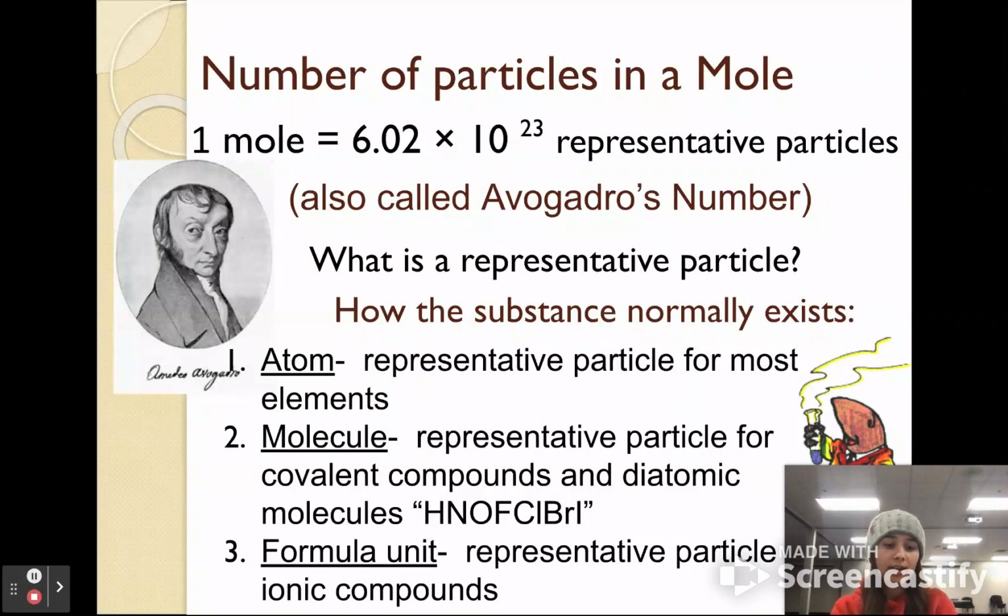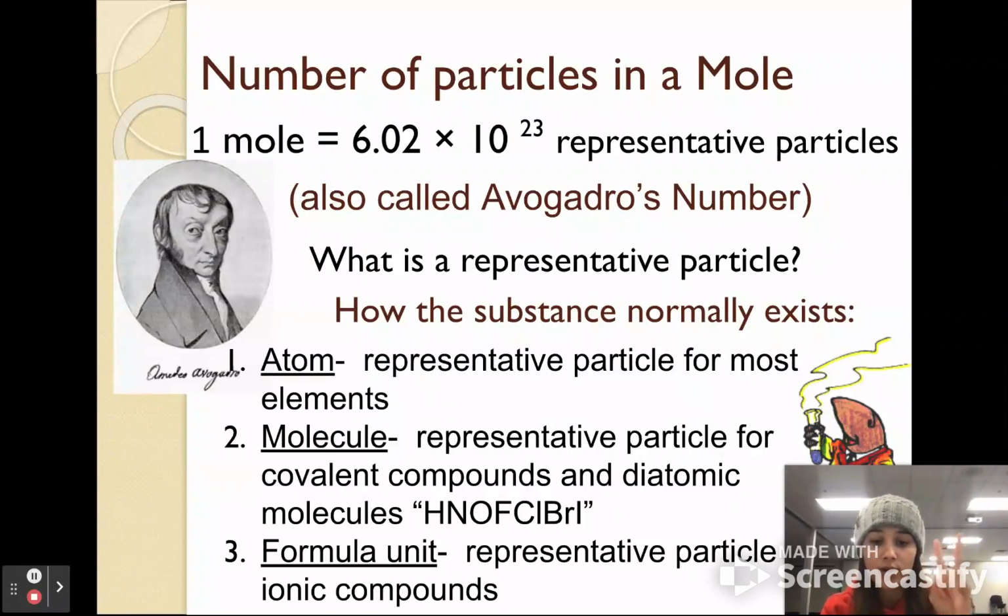So, what is representative of a particle? Well, I could either call it an atom, or this could be a molecule. Let me explain it this way. An atom is just your things on your periodic table all by themselves. Now that normally doesn't happen. Usually they form molecules, which means your compounds bind together with something else, right?